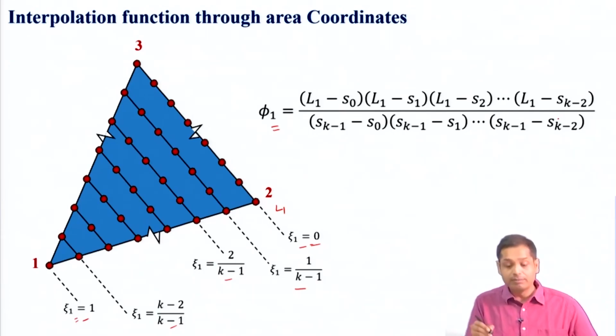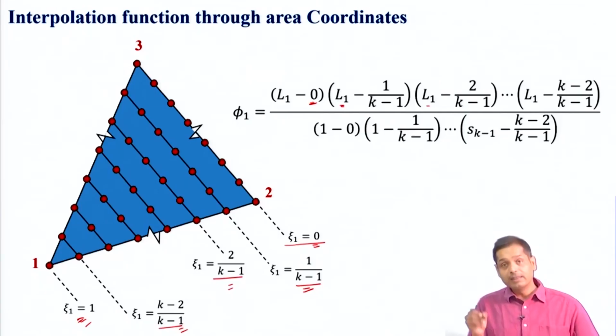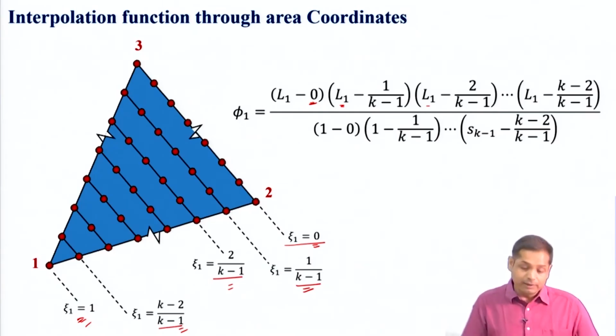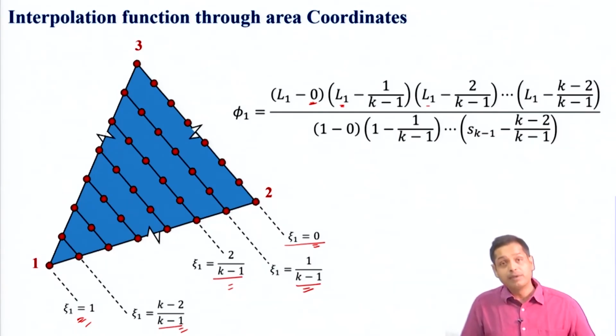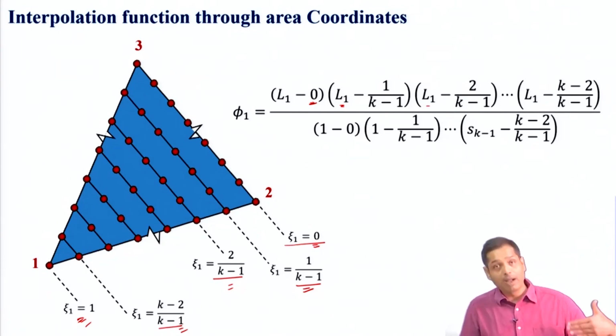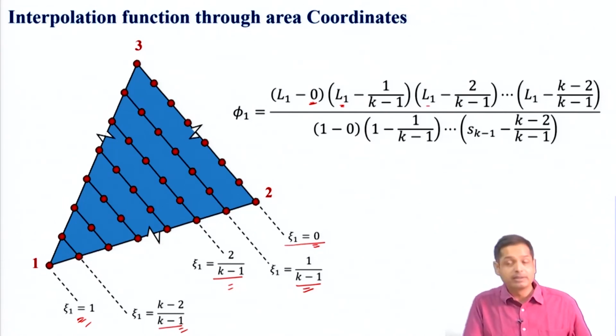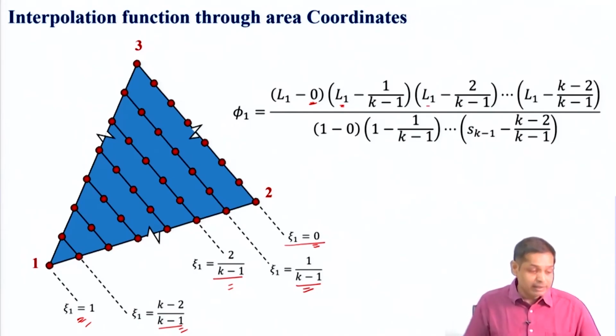Now explicitly we are putting the values of S in the direction of L1. So this is phi 1. Similarly, if you have to write phi 2, phi 3 or other phi's, the same expression can be written, but the values of xi1, xi2, xi3 are to be written accordingly, depending on which node we are considering.